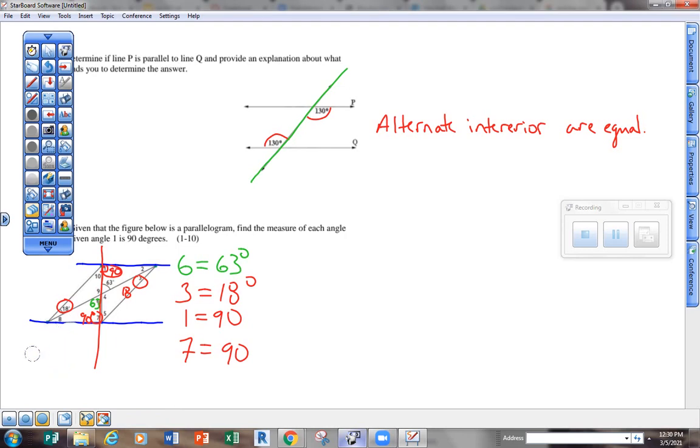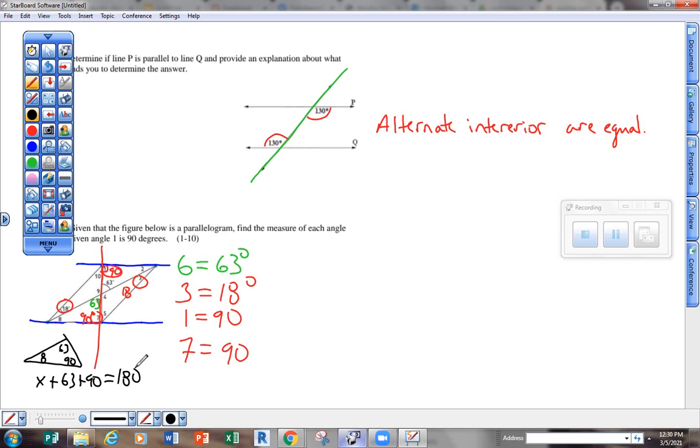So I know that we talked about this a little bit. Knowing transversals cut alternate angles are equal. Know that vertical angles are equal, but then know that the angles of a triangle, like we're trying to find 8 here, we know this is 90, we know this is 63. Those add up to equal 180. So if I take x and 63 and 90 and set that equal to 180 and add those up, I could take that number away from 180 and it gives me what that angle would have to be.